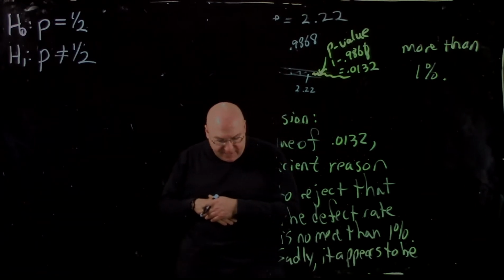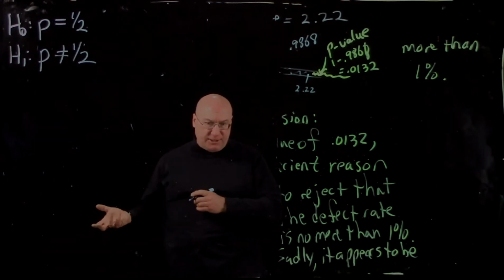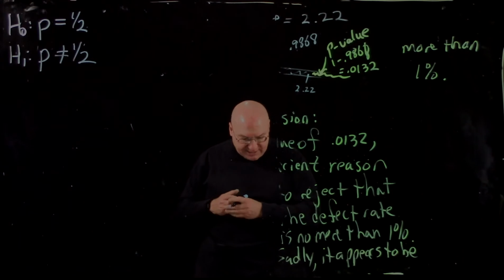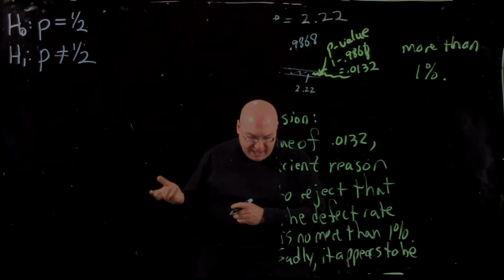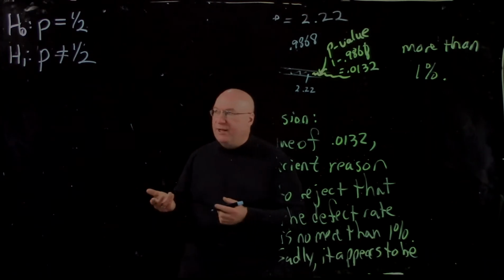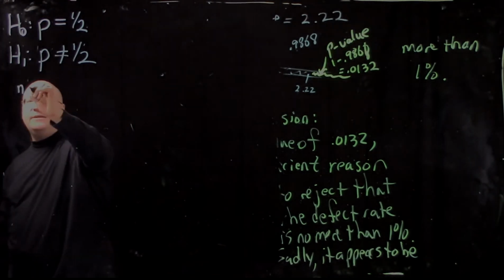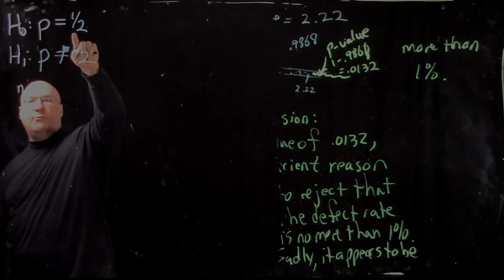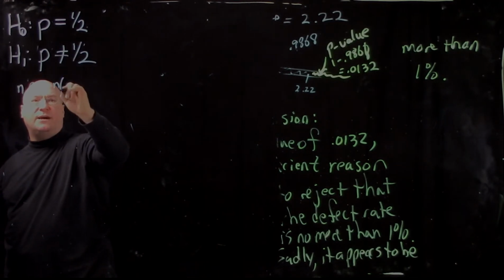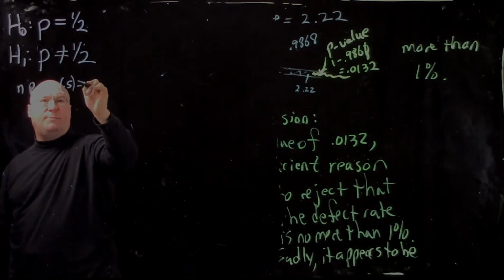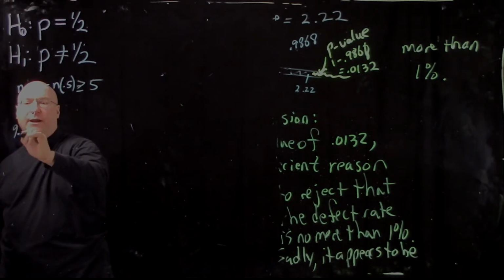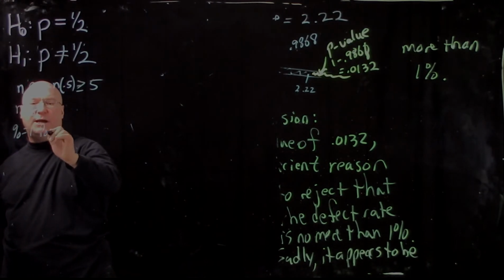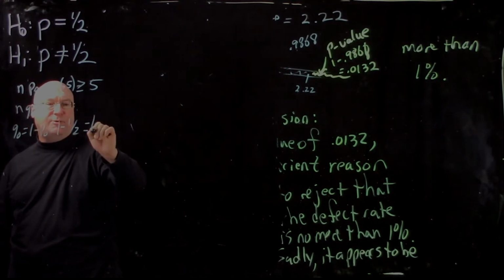Okay, we're going to have n independent tosses, n independent trials, with the probability of success under the null hypothesis being 0.5, 1/2. n times p naught, that's n times 0.5, has to be bigger than or equal to 5. And n times q naught, where q naught is 1 minus p naught, which is 1 minus a half, which is also a half.